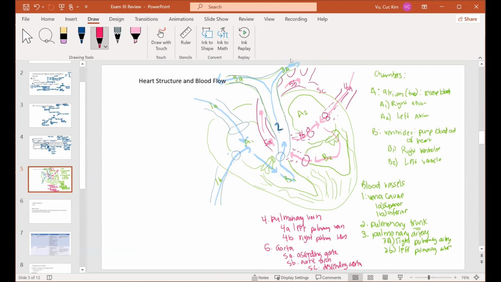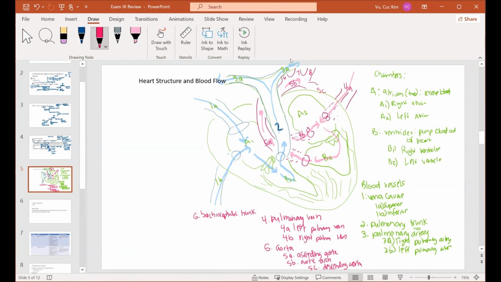Now 6, 7, and 8 is next. 6, so branching off of the aortic arch, I have 3 branches. 6 is going to be the brachiocephalic trunk.